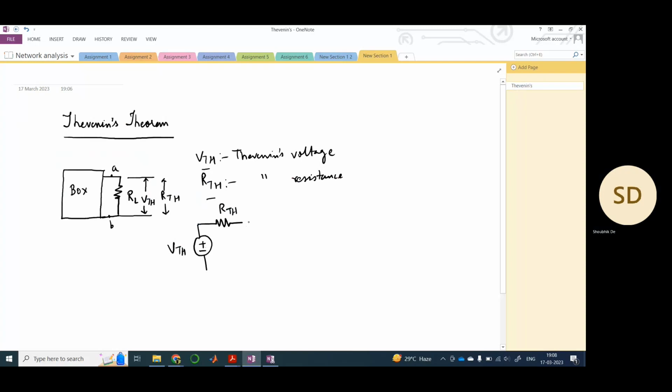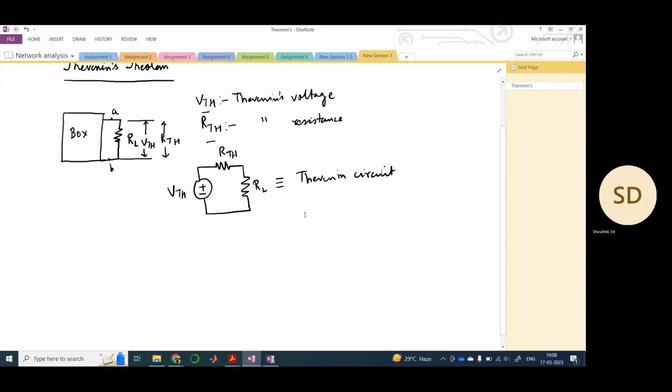And this load resistance RL would be in series with your RTH and VTH. So this is your equivalent Thevenin circuit.